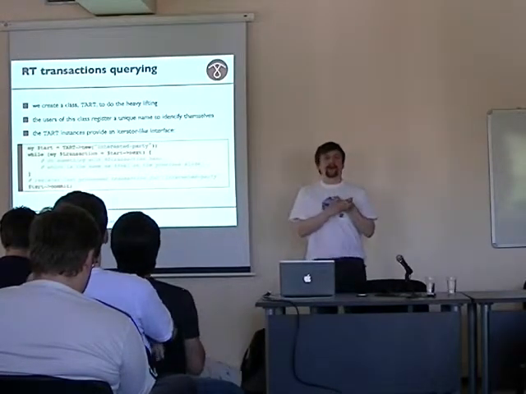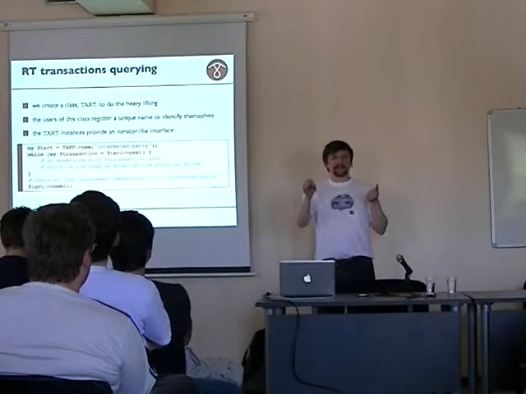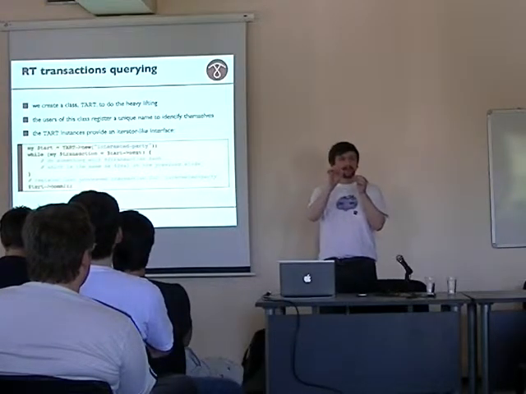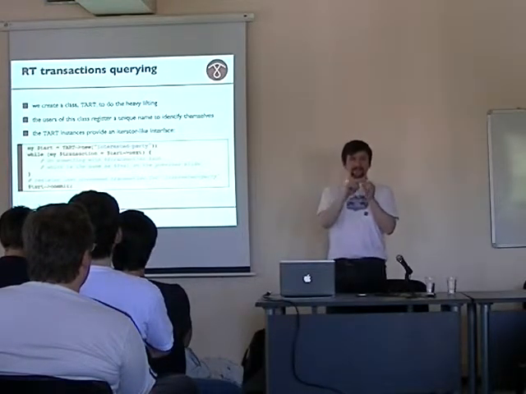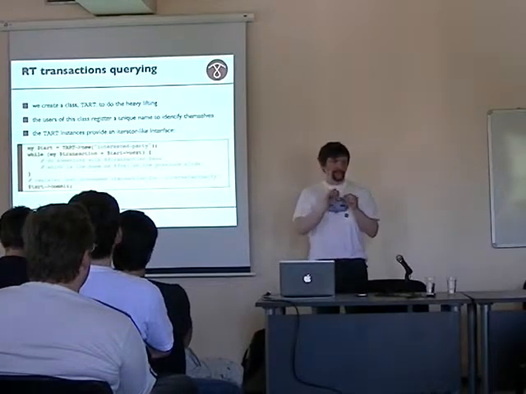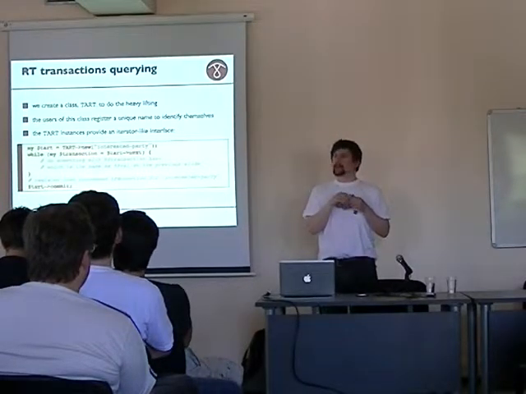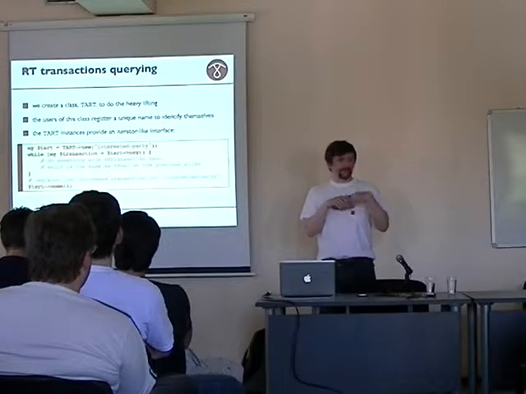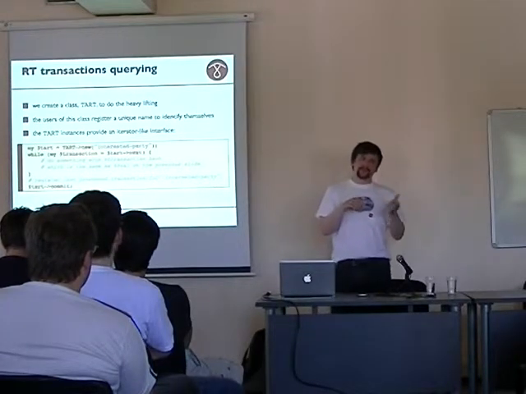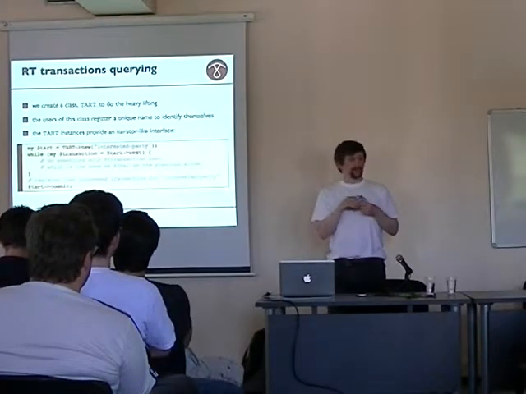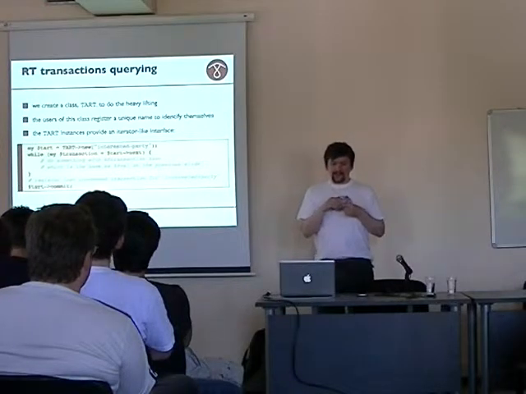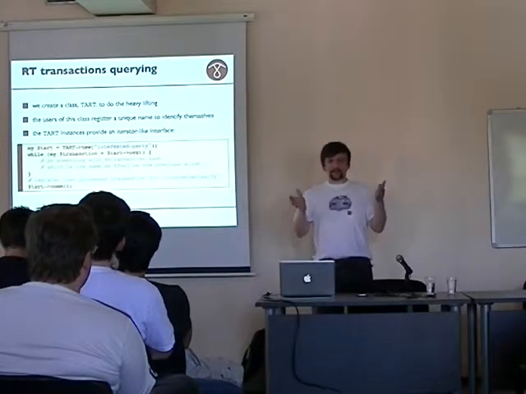And then this class will maintain a little key in Redis saying when was the last time this particular daemon asked Redis about RT transactions and what was the latest transaction it actually processed. And then you iterate over all the new transactions.